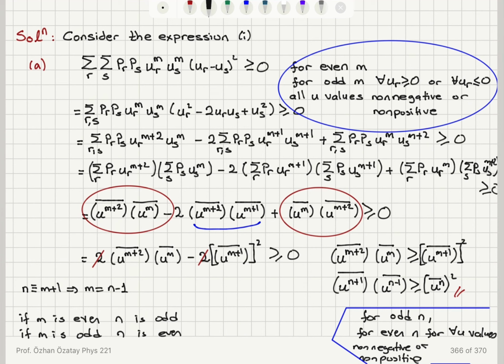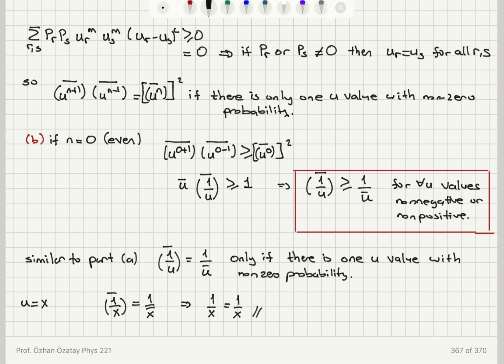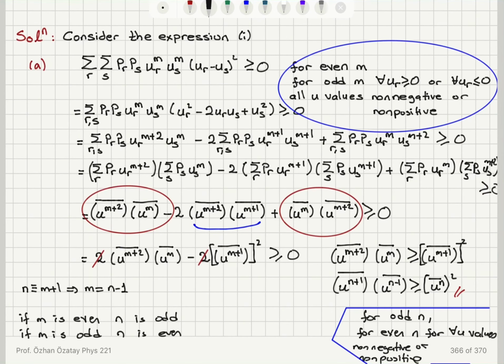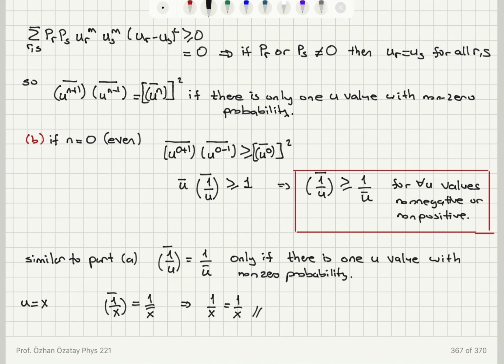So this inequality gives me the result that the average of U to the m plus 2 times the average of U to the m is greater or equal to the average of U to the m plus 1, squared. By substituting n equals m plus 1, or m equals n minus 1, we obtained the result suggested in the problem statement. By substituting n equals 0 here, we have seen that the average of U multiplied with the average of 1 over U is greater or equal to 1.